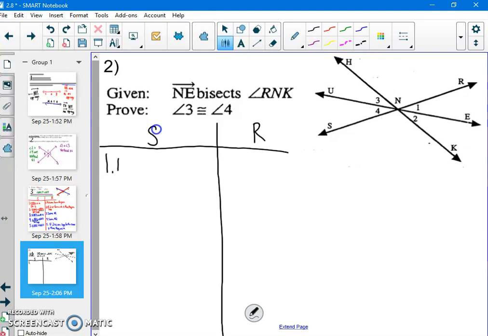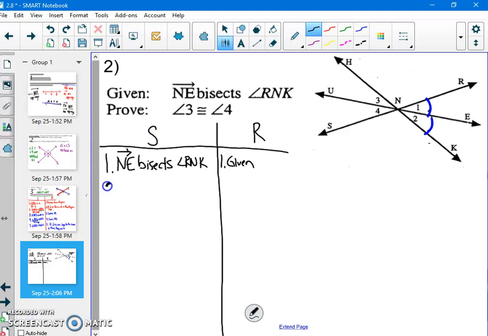First, ray NE bisects angle RNK. That's given. And that means ray NE bisects angle RNK, which makes angles 1 and 2 congruent.